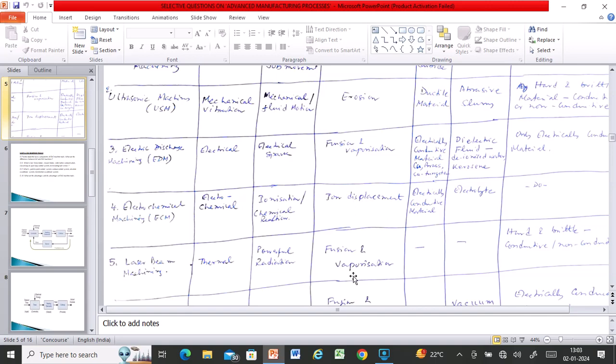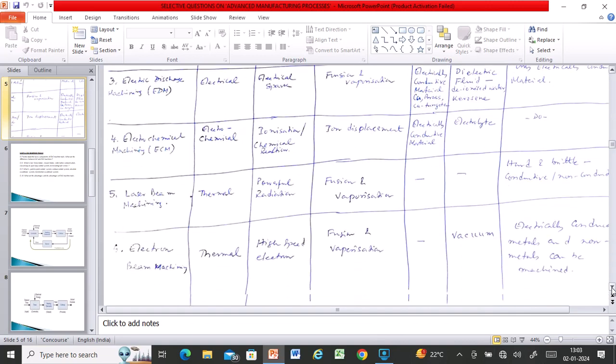Due to the heat generated by the high power laser beam, the temperature rises to a very high level, and any material will fuse and vaporize at that temperature. Here hard and brittle, conductive and non-conductive materials can all be machined.